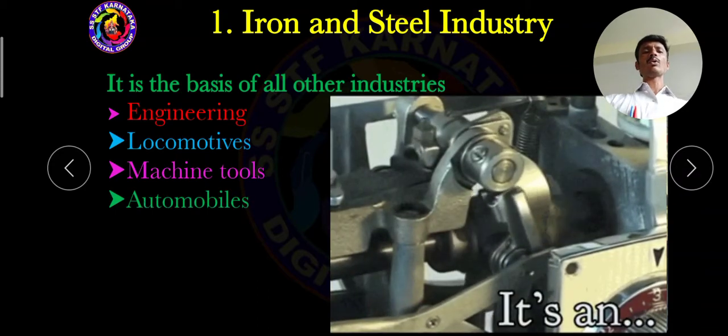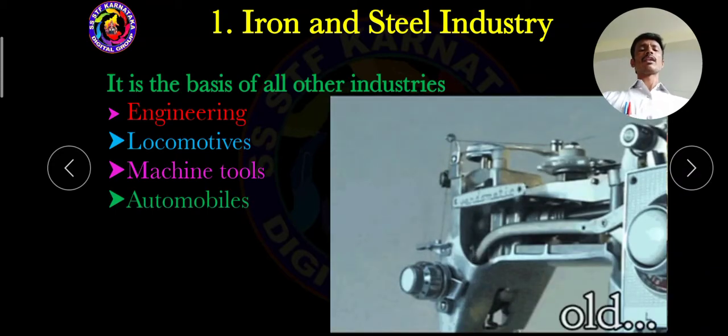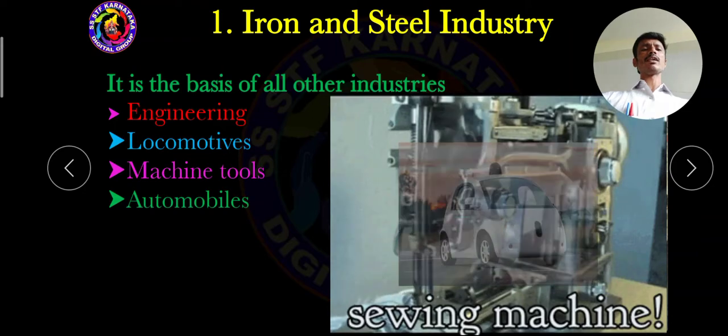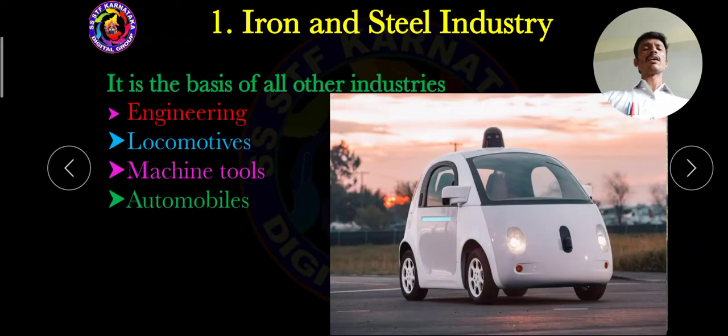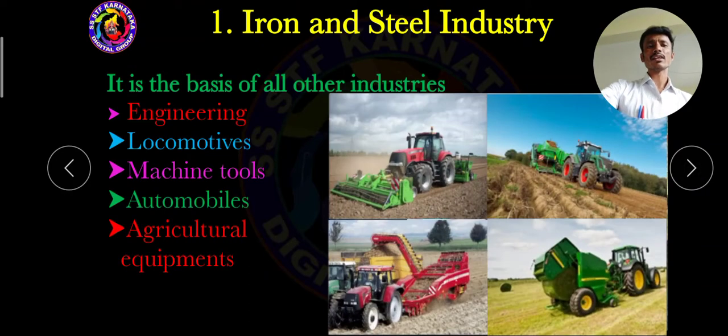Then automobiles. Here the running of the old machines, four-wheeler vehicles, sewing machines, etc. A motor vehicle with four wheels, this is possible through the iron and steel industry. Then agricultural equipment, like tractors, etc. These are all made through the iron and steel industry.